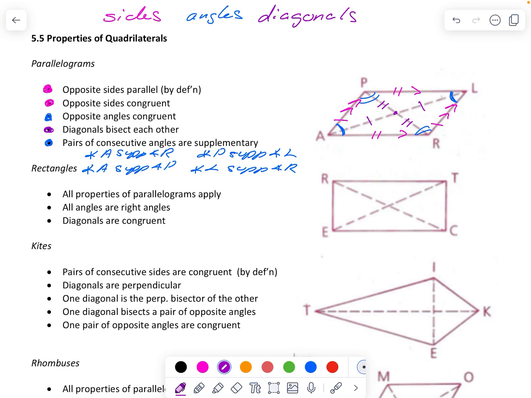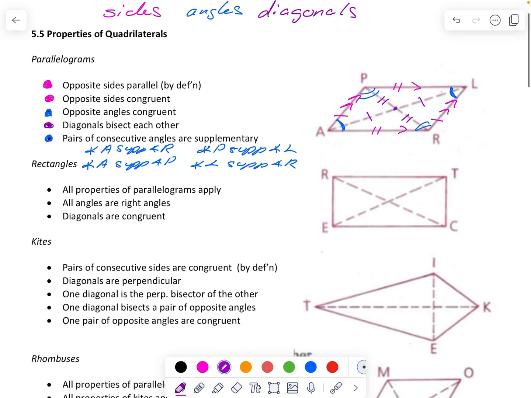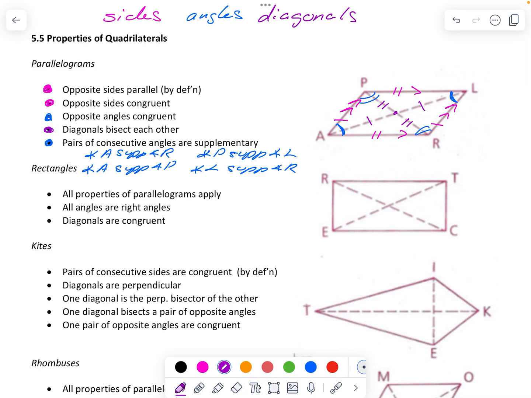Well, as we move on to other quadrilaterals, remember rectangles, rhombuses, and squares are all also parallelograms. So all properties of parallelograms apply to rectangles. I'm going to mark opposite sides parallel and opposite sides congruent.